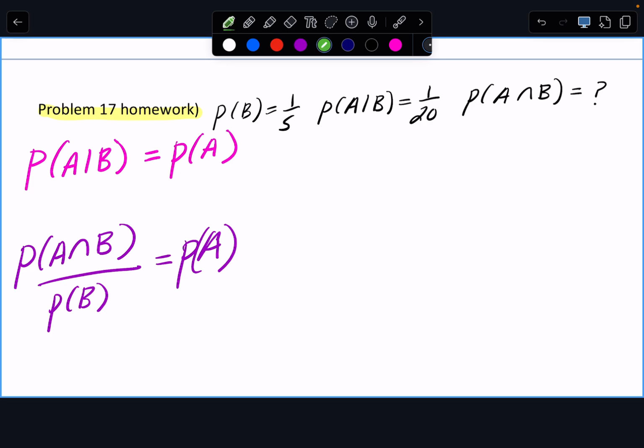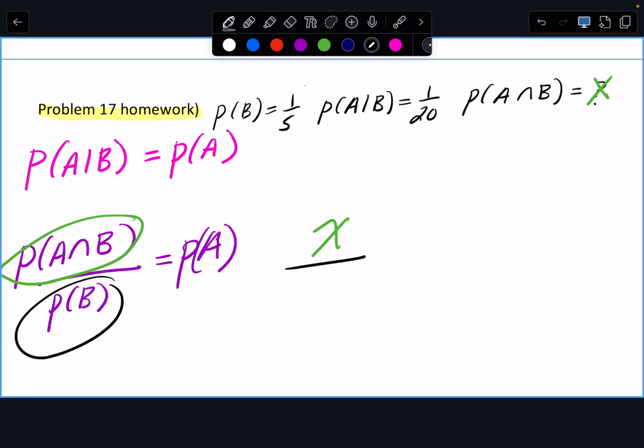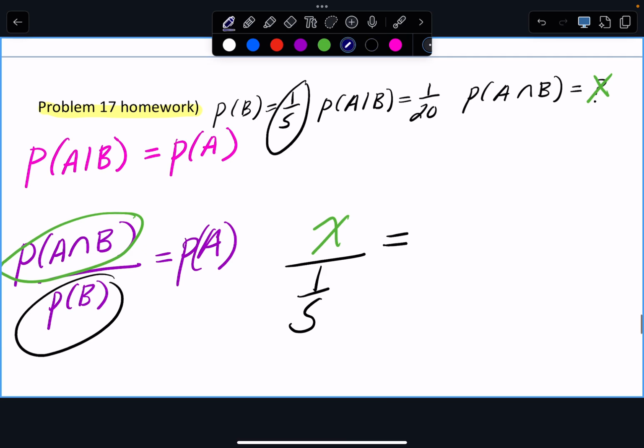So when I look at this, isn't this our X? Yeah? Let's start there. X. Then I have a divide sign. Do we know that? Yeah, 1/5. Do we have the probability of A? Nope. Because we have P of A given B or whatever.